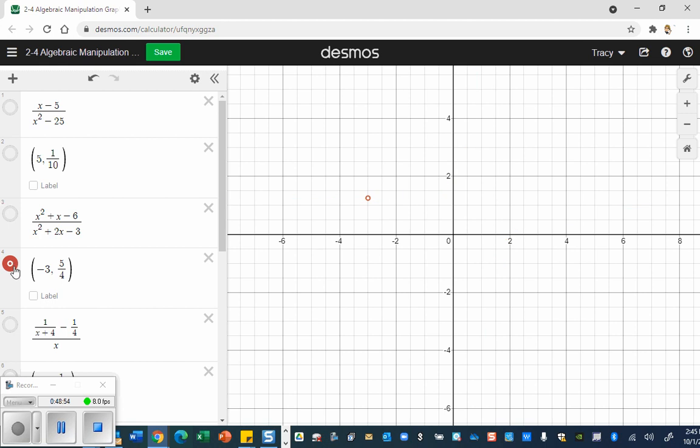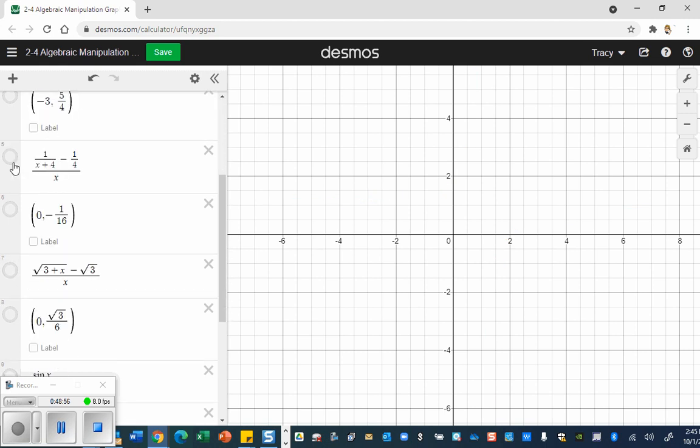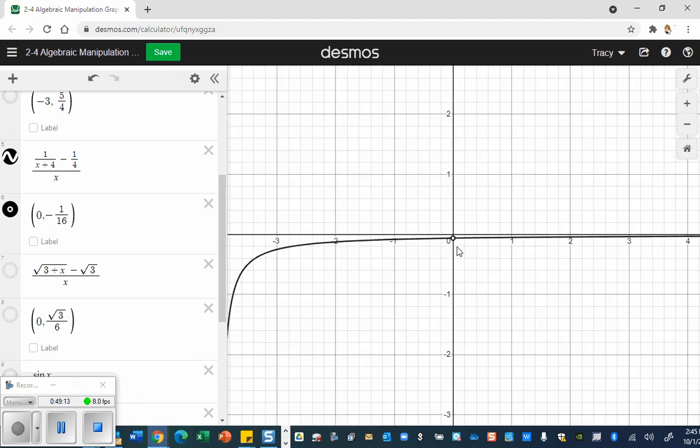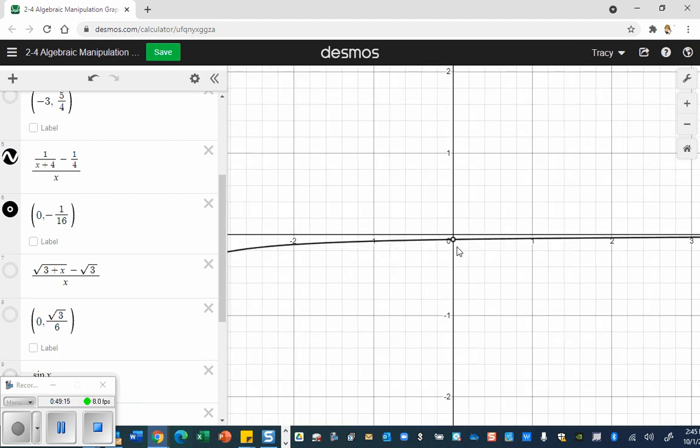All right, let's look at this one. Here's our common denominator one. x was not allowed to be equal to 0. We can see that right from the very beginning. But by using our common denominators, we were able to factor out an x. And now this hole here isn't a problem for us.